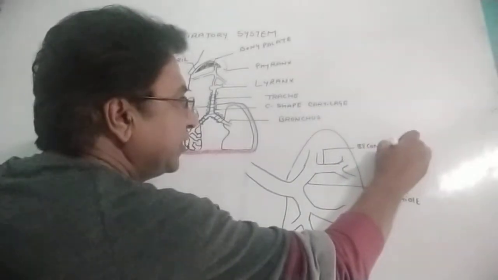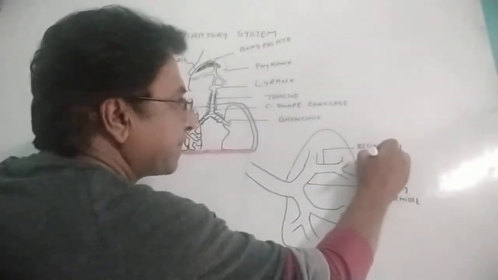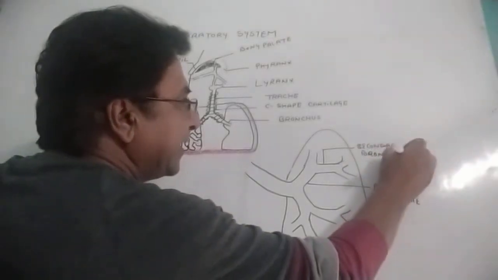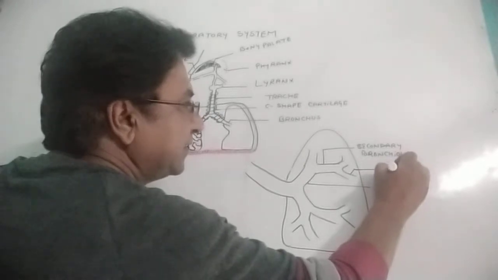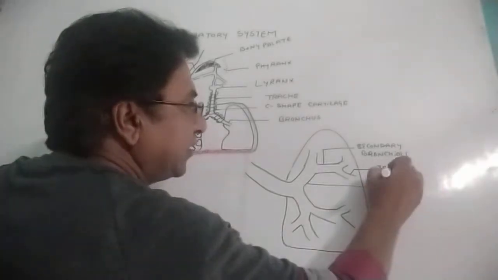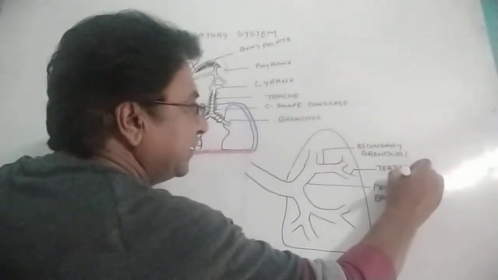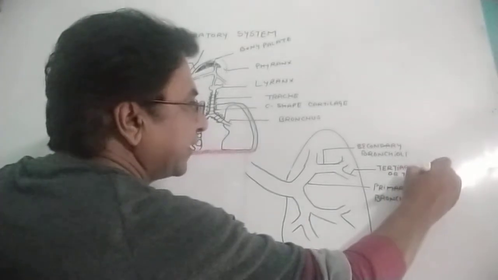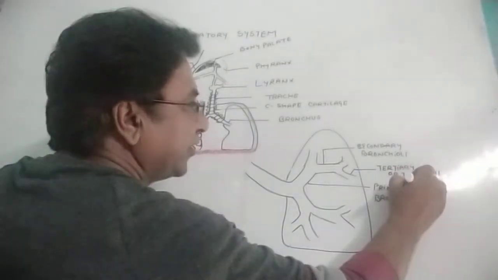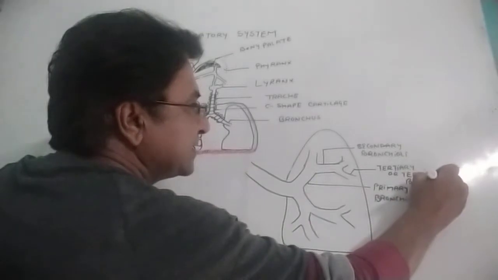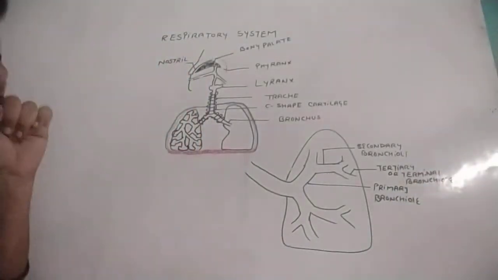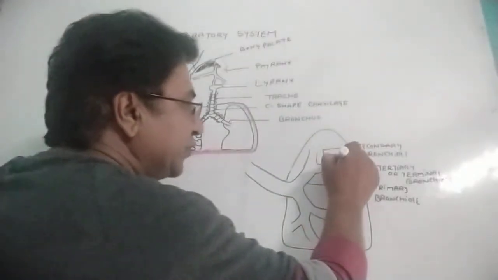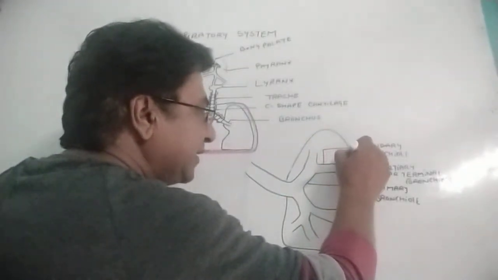And further it divides to produce tertiary or terminal bronchiole. It is occurring inside the lungs. Remember that.